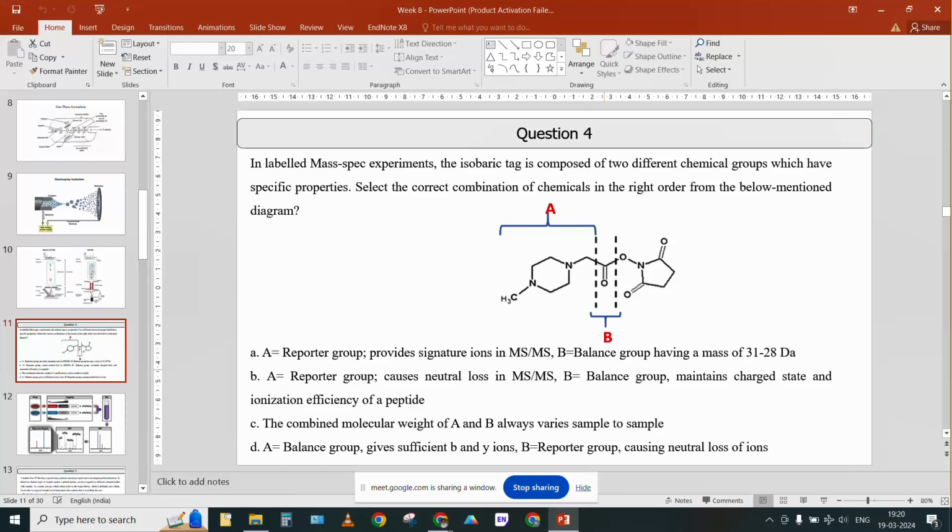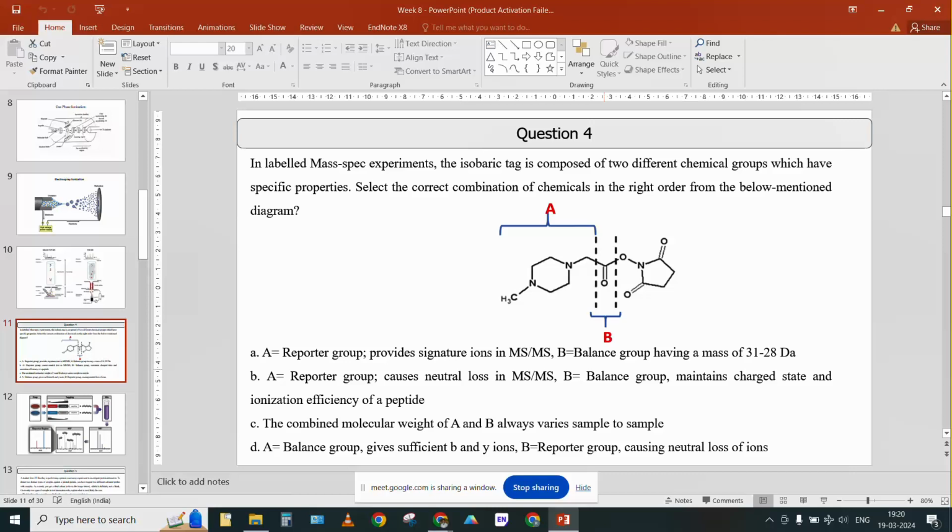Despite the variations in the chemical structures of these balancing groups, their mass contributions are carefully designed to offset each other, resulting in identical total masses for the isobaric tags. This balanced mass distribution is essential for accurate quantification and comparison of protein expression levels between two samples or more than two samples.